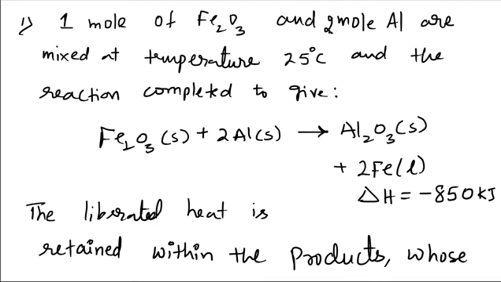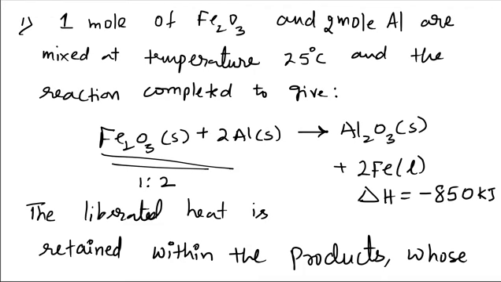So the mole ratio is 1 to 2, which means stoichiometric amounts of iron 3 oxide and aluminium are used. Therefore, both are limiting reagents, and the products are formed in the same mole ratio. Al2O3 will form in 1 mole amount, and iron will form in 2 moles.